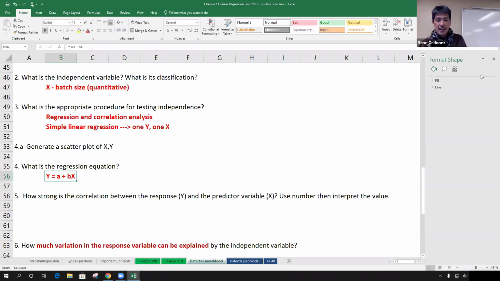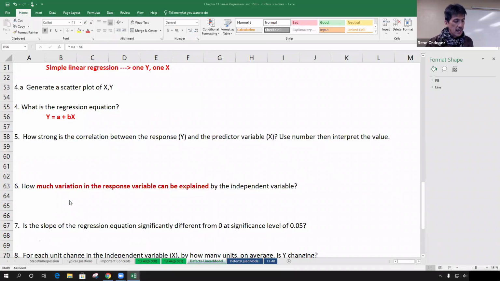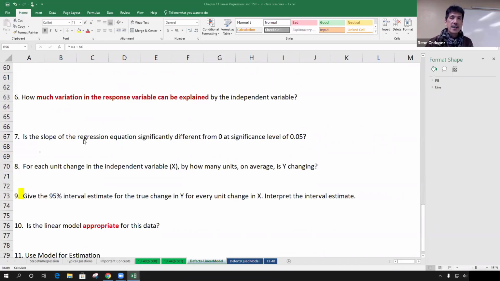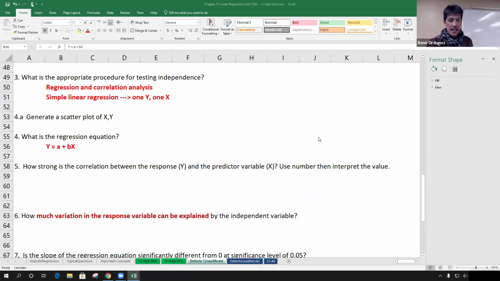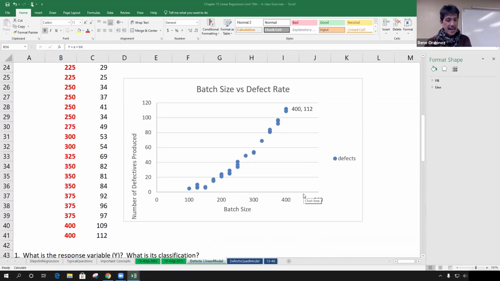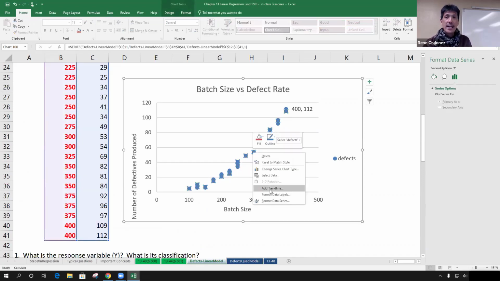So using that, we are again going to test the resulting equation in terms of both significance and appropriateness. So let us go back to this scatter plot and let us generate a trend line.